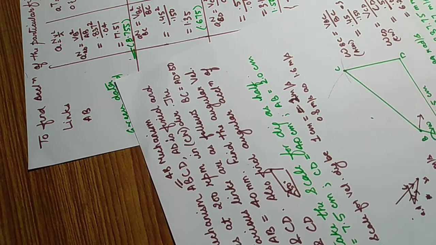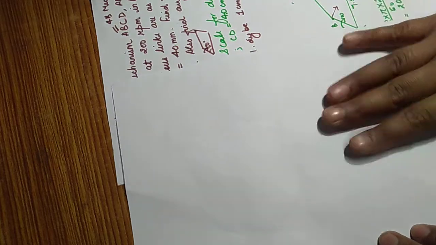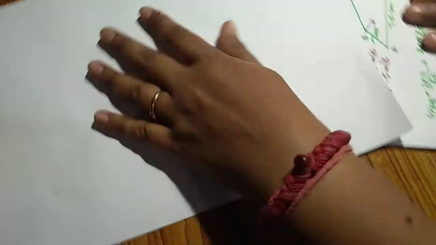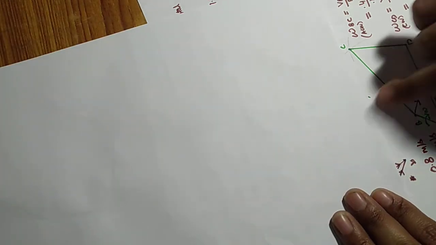If I had not written over here, I would have drawn it here, but I don't want to draw the entire figure one more time. So I will use this diagram as my backdrop, and we can easily draw it, so we don't have to worry.